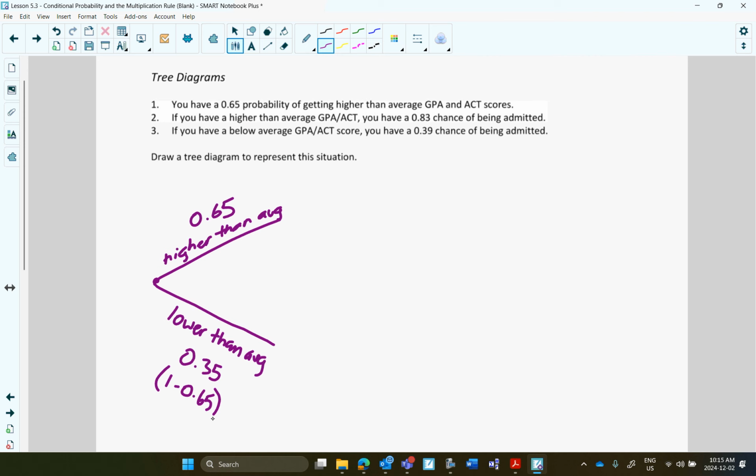If you are higher than average, you have a 0.83 chance of being admitted to this college or university. So there's a branch that comes out from here. You're either admitted or you're not.